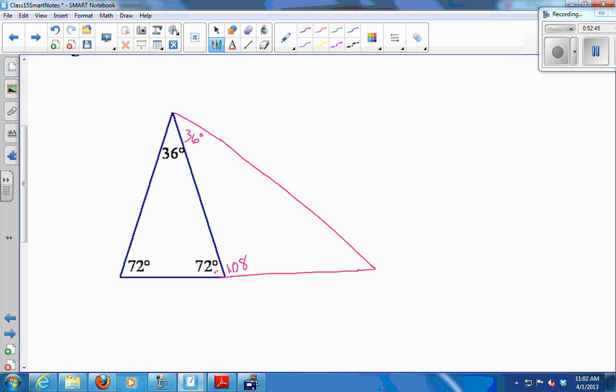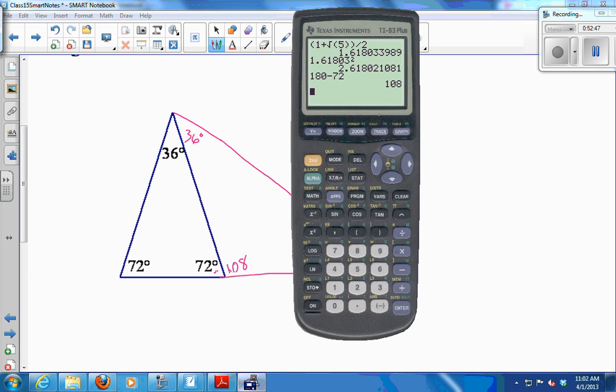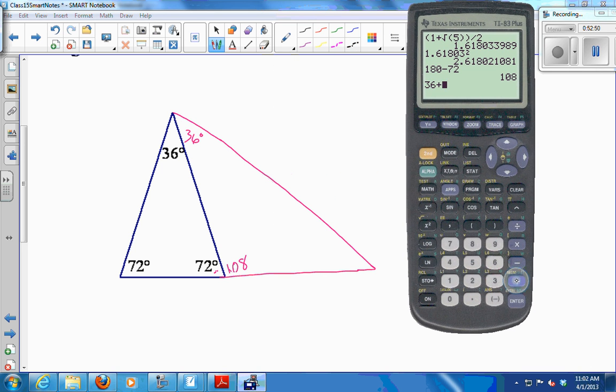So 36 and 108 means I already have 144 degrees in that triangle. So the three angles of a triangle always add up to 180. So my last angle would be 180 minus 144, 36 degrees.